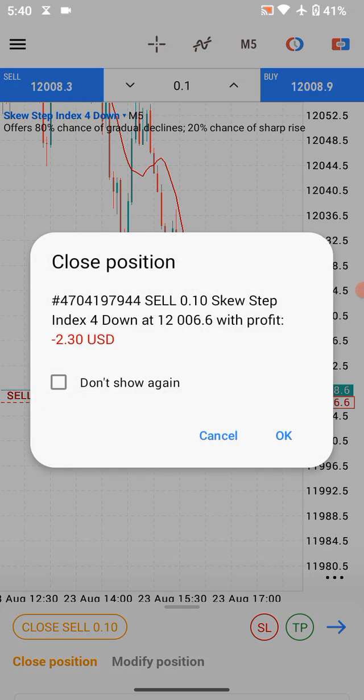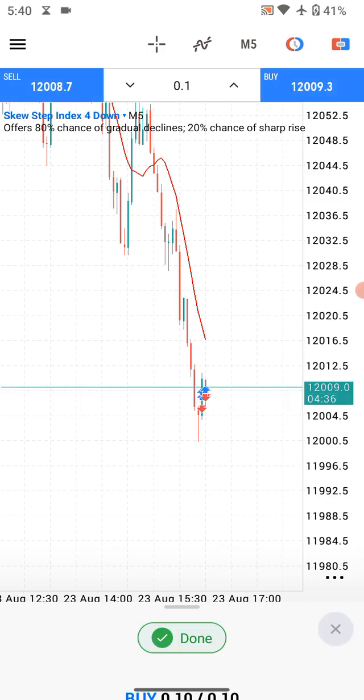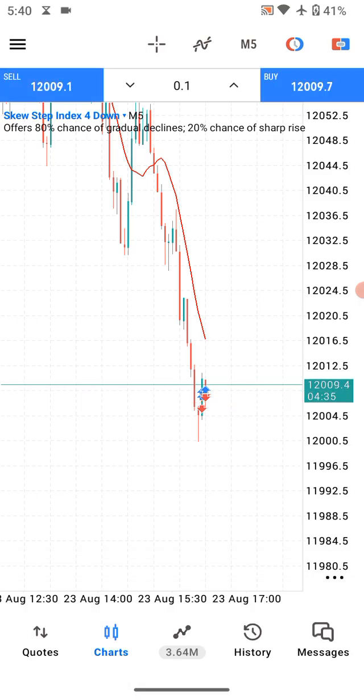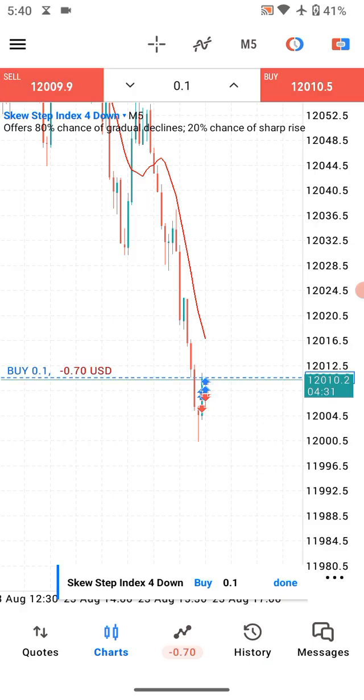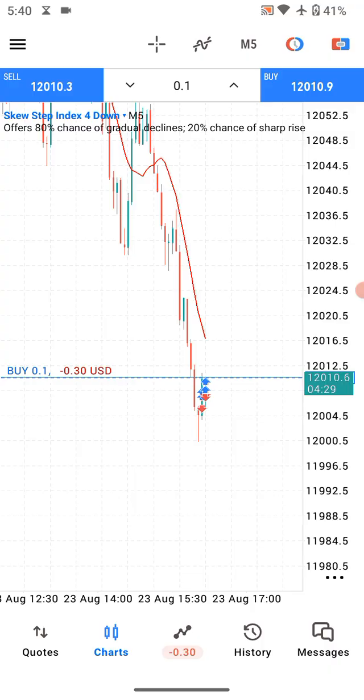I'm doing all this so I can catch where the market is going to move. I'm risking $2 to $3 per trade.